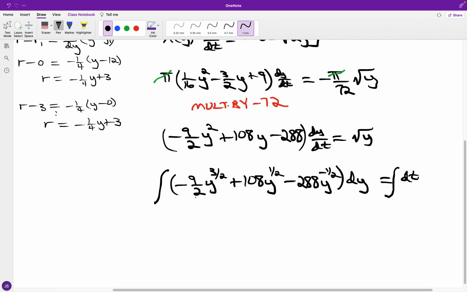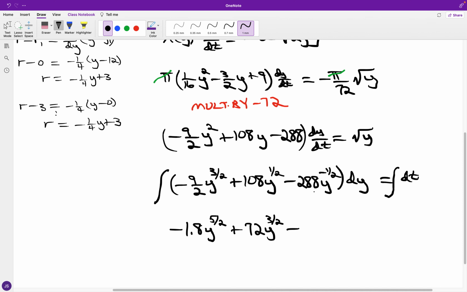So we're going to have negative 9/2 y to the 3/2, and the antiderivative. Now you have 2/5 of negative 9/2, so that'll be negative 9/5, or negative 1.8, y to the 5/2. And for 2/3 of 108, that's going to be 72 times y to the 3/2.